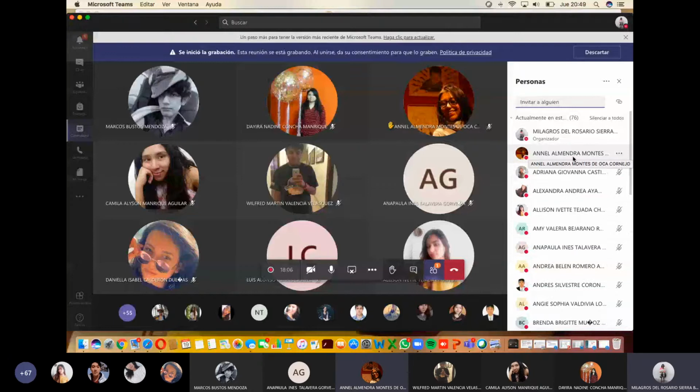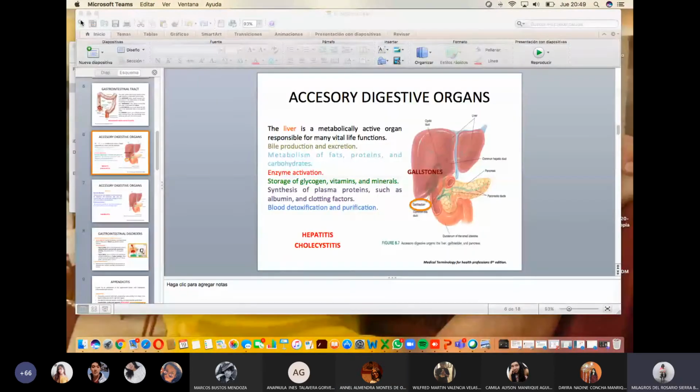One of the main causes is alcohol and also viruses, toxins. Very good. Muy bien, Anel. So you have an alcoholic hepatitis, no? You can also have a hepatitis related to virus: Hep B, Hep C, Hep D, Hep A. Toxins or some medications can also cause this.